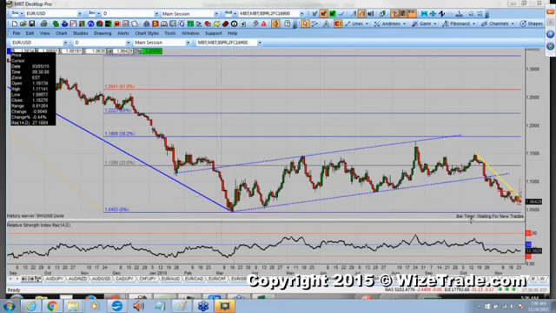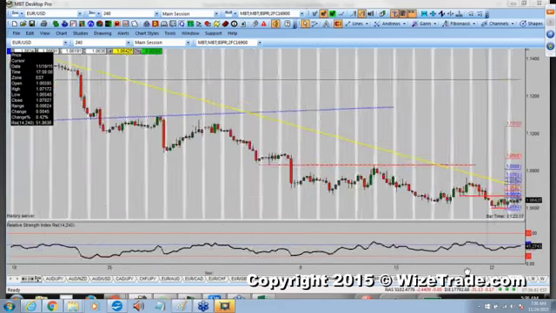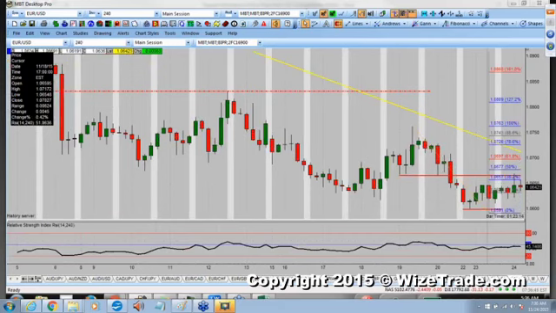Anyway, I think there's a lot of people that are trying to call a dollar top again, and we saw what happened last time. Traders have been trying to do that. You know what I mean? Patrick says dollar longs are a big crowd. They are a big crowd, but they're not as big as they used to be. Keep that in mind.